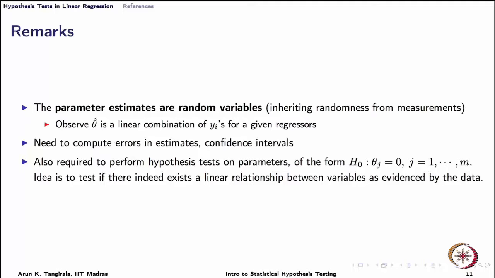By variability in theta hat we mean that one data record will give me one estimate of theta hat, while another data record for the same experiment under the same conditions will, because of randomness, produce a different value of theta hat, and so on. We want that variability in the estimates to be as low as possible. Is there any control over it, or does the process simply dictate the variability in theta hat?